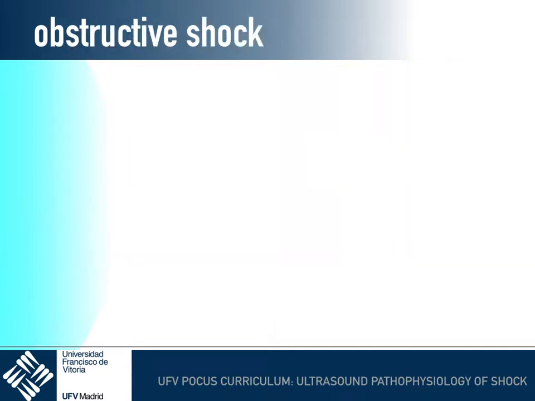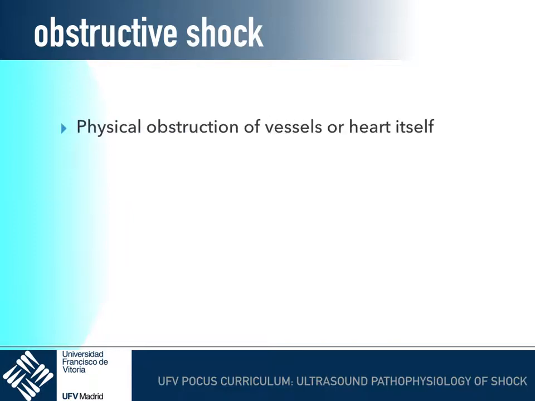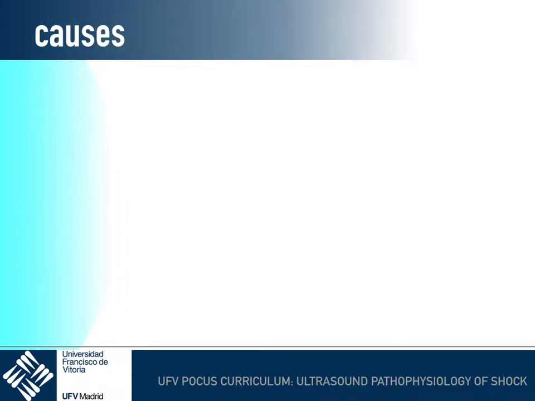Obstructive shock. We are talking about obstructive shock if the clinical condition is a physical obstruction of vessels or even the heart itself. And the weakest part of the heart is the right side, especially the right ventricle.